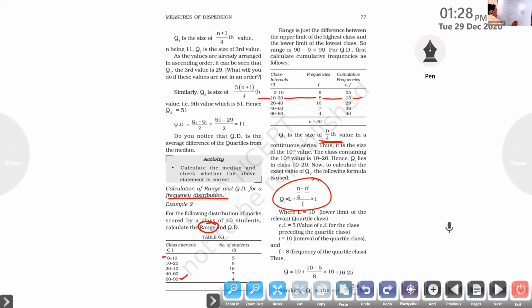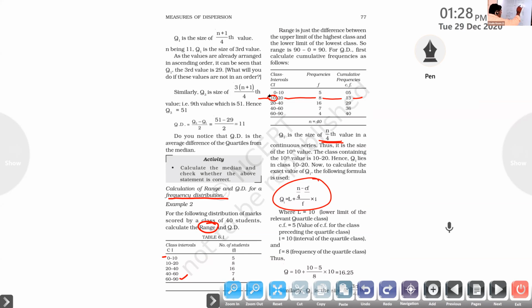L is the lower limit of the relevant quartile class, so this 10 is the lower limit. Next, CF is 5. Where did the 5 come from? It is the CF value for the class preceding the quartile class.